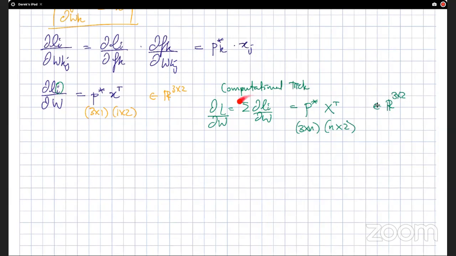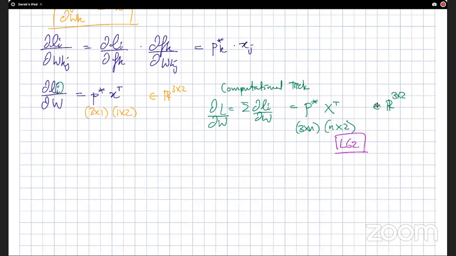So that's line 62, where we just multiplied P star by X. Maybe I did it the other way around, but ultimately you need the n's in the middle so they can cancel out and you get 3 by 2. But as I said in office hours, this is basically a computational trick. You could conceivably do this for every single data point and just sum them up and you'd be fine.